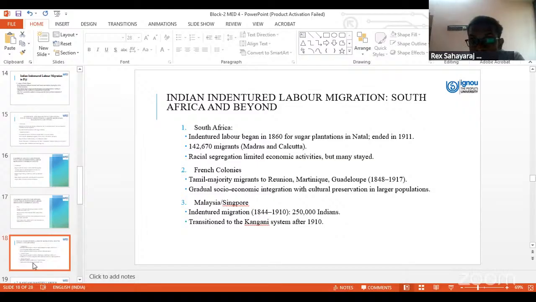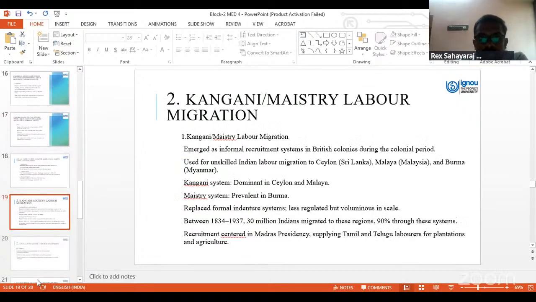And when you take Malaysia and Singapore, indentured migration was almost 2,50,000 Indians, with a transnational to organized system after 1910. So these are the various things we should remember historically in terms of migration that took place in countries across the world.